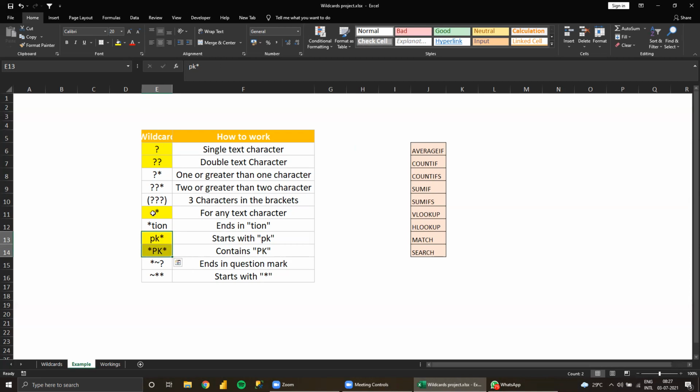Normally we do come across this when you use formulas. With these formulas, you cannot always expect the words to be in the correct place, so we need to use this type of character.